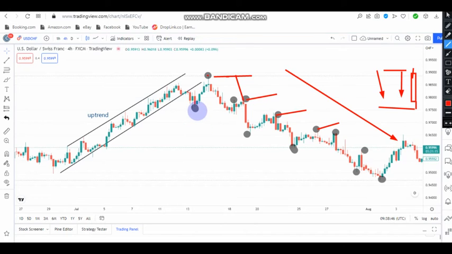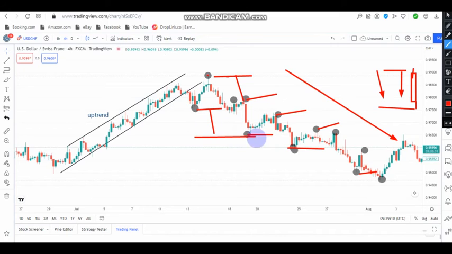Understood? So you come down in the other direction, and we have lower lows. This is a low. This is the low of a candlestick. Now this low, you see the gap.